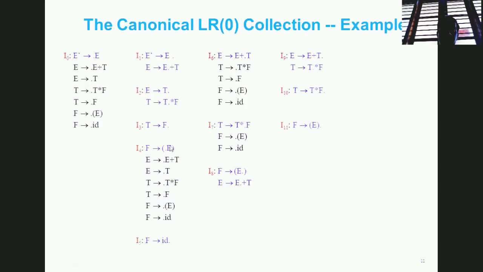That is, your I8 is nothing but F tends to open parenthesis E dot, because you're going to read E from this dot E. Since dot is followed by a close parenthesis, a terminal symbol, you don't add any more productions to this. One more production with E here is E tends to E dot plus T. Once again, E tends to E dot plus T. So this is your I8.